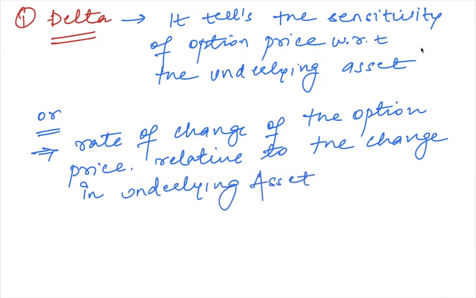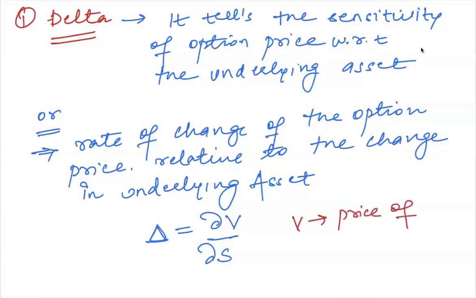So mathematically, delta is represented by this. Delta is equal to dou V by dou S. Where V is nothing but the price of the option and S is your underlying asset.